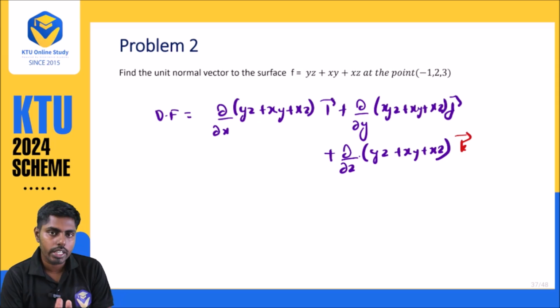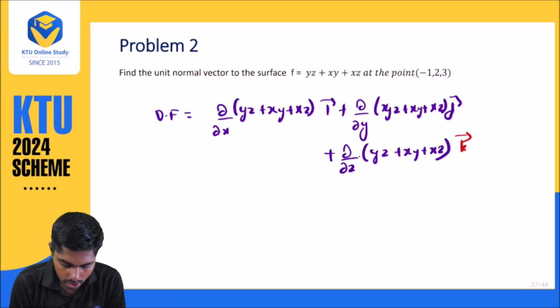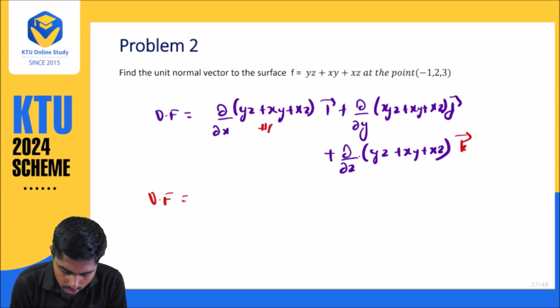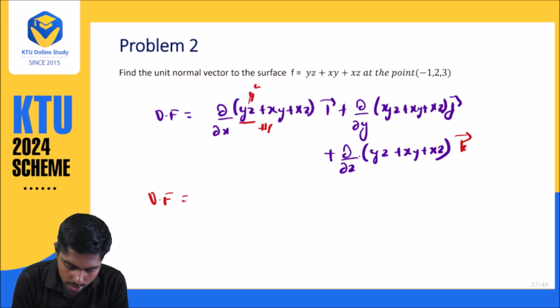Now the partial derivative with respect to x we have to take. When you are taking it, this term will become 0 because it is constant.